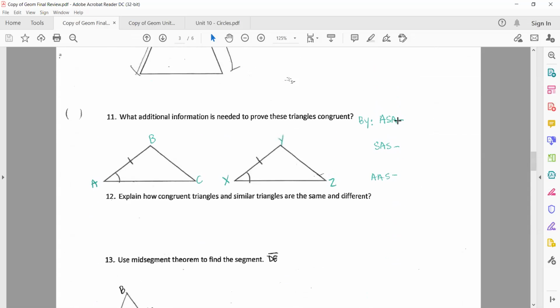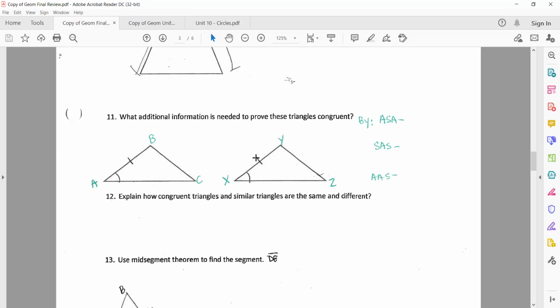There's a triangle congruence question. What additional information is needed to prove these triangles are congruent? Well, I've got one angle here, an angle here, a side here, a side here. So for angle, side, angle, I need to know what angle B is or angle Y. I need to know those two angles.